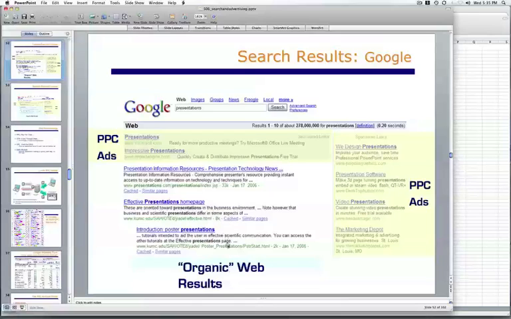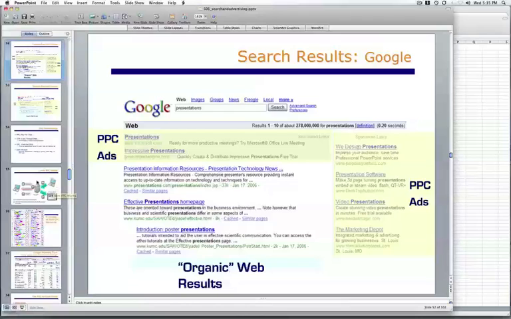But in addition to these organic results, we have the paid or sponsored results, which are identified here as sponsored links, and which are pay-per-click ads, meaning that the advertiser will pay the search engine only when the ad gets clicked and the user gets directed to the corresponding website.